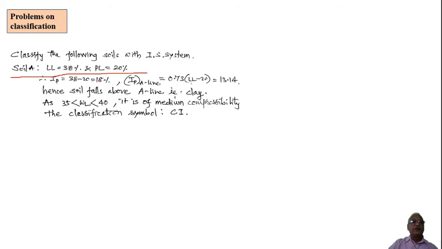The actual value is 18%. So the soil falls above the A line. That's why it is clay. Now, as liquid limit is between 35 and 40, here 38, it is medium compressibility. So the classification goes as CI, that is clay with medium compressibility. Hope you have understood this discussion.